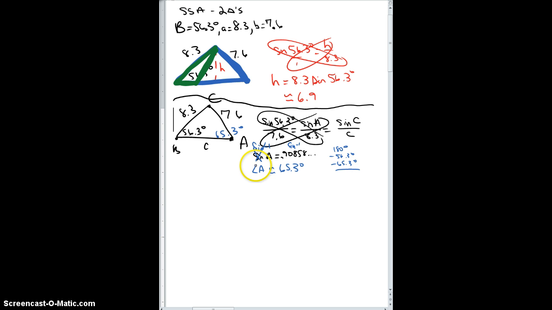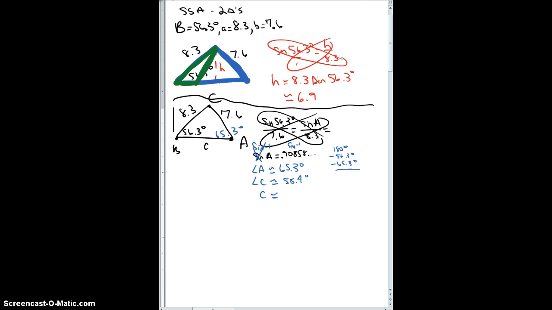Whatever's left is angle C, which is 58.4. Then the last thing I need to do is figure out side C. Technically these are all approximations because I had to round, but if you use equals, not a big deal.